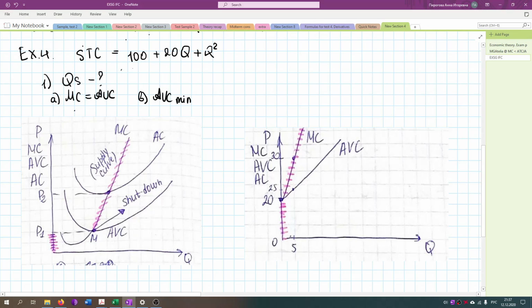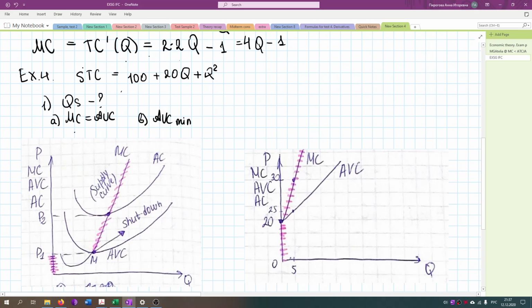It is equal to 100 plus 20q plus q squared. And you know from the previous exercise that this part, which contains only q's, is variable cost.